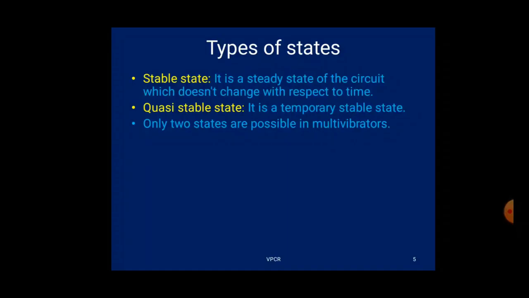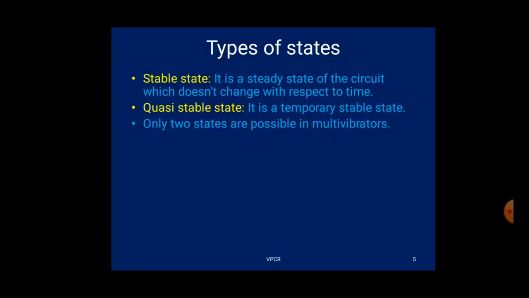Of course, when you move from saturation to cutoff or cutoff to saturation, you must cross the active region, but the transistor will not maintain that active region. Either it will be in saturation or in cutoff. So that is the first point: the possible operation regions for the transistors are either saturation or cutoff, that means either on or off.